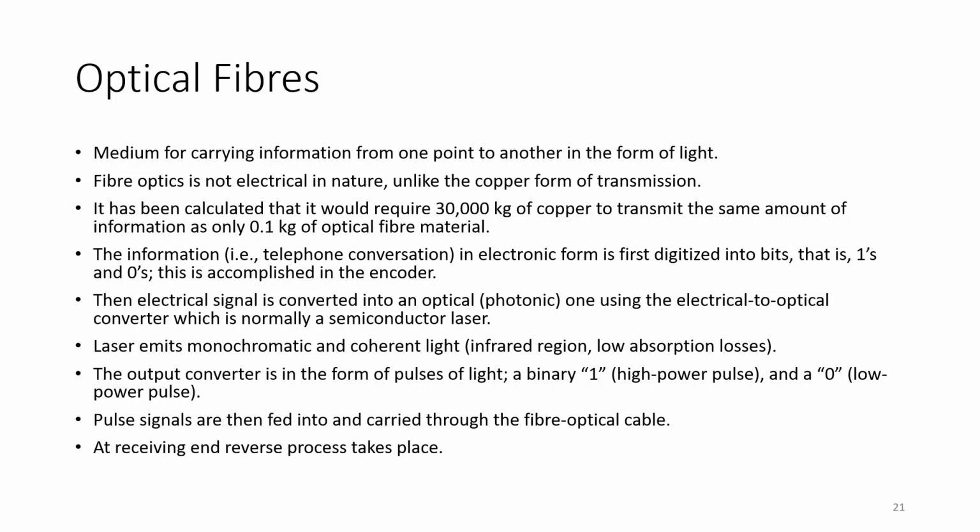The laser emits monochromatic and coherent light in the infrared region, with low absorption losses, and the output is in the form of pulses of light, a binary 1 as a high power pulse and a 0 as a low power pulse. The pulse signals are then fed into and carried through the fiber optic cables, and at the receiving end the reverse process takes place.